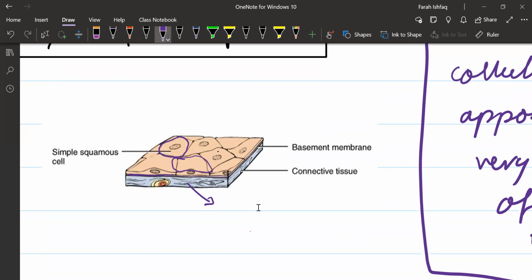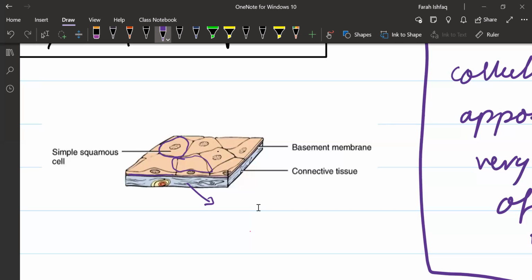Now, each cell contains a flattened nucleus located in the center of the cell. The presence of the nucleus in the central region of the flat cell causes the plasma membrane above and below to bulge slightly.